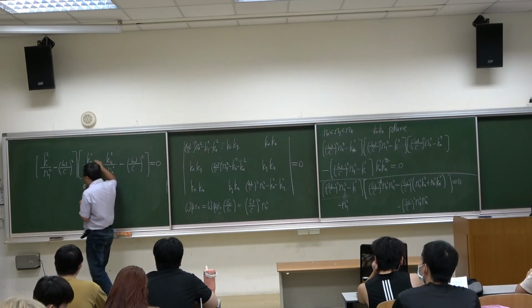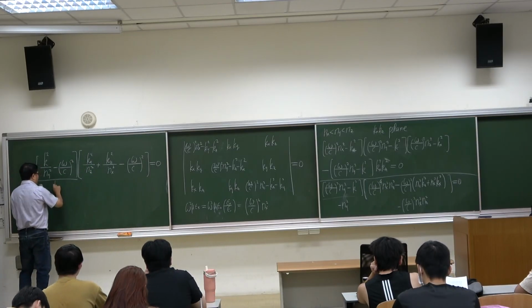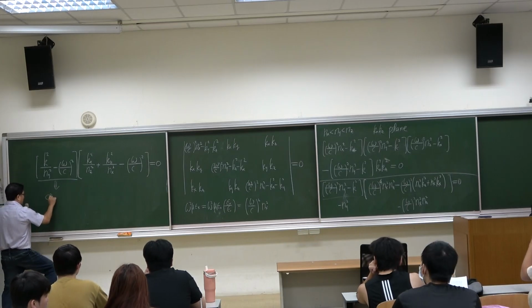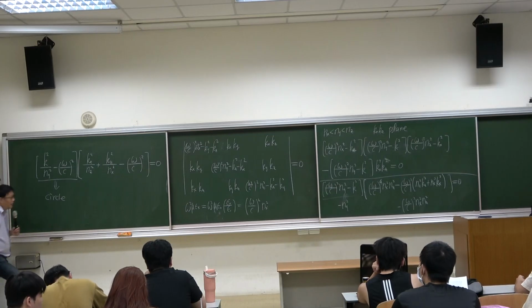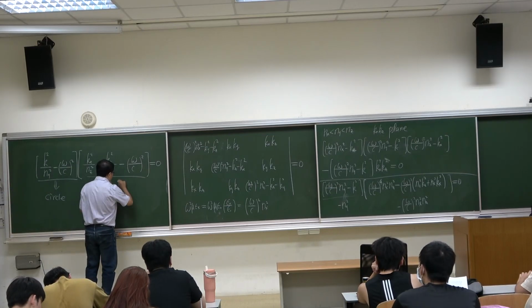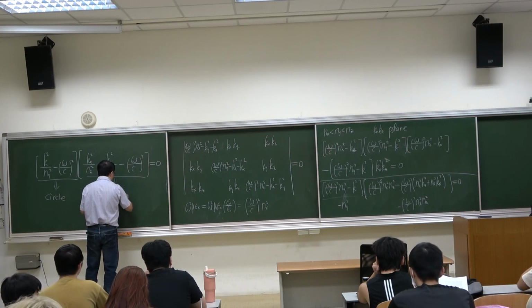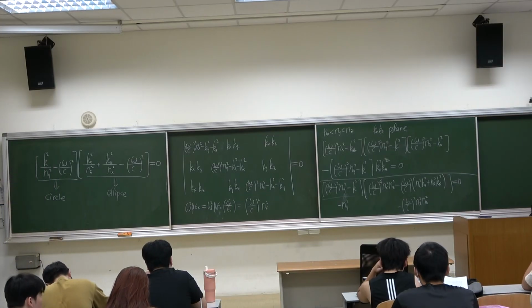So what does this result mean? This part describes a circle. And this part describes an ellipse.